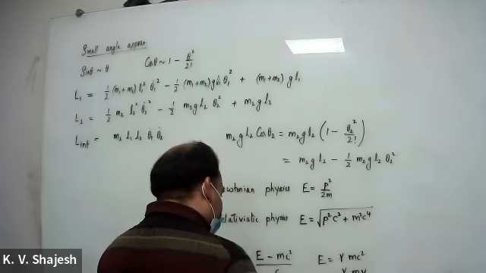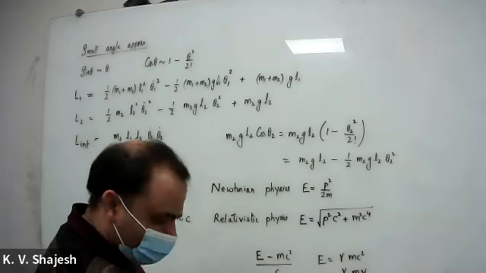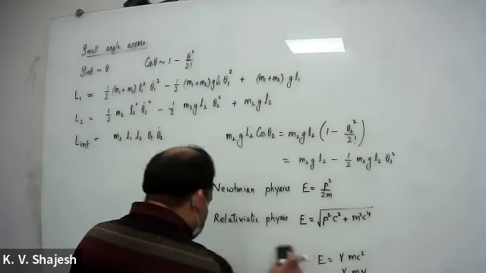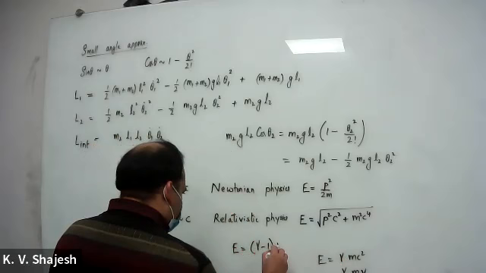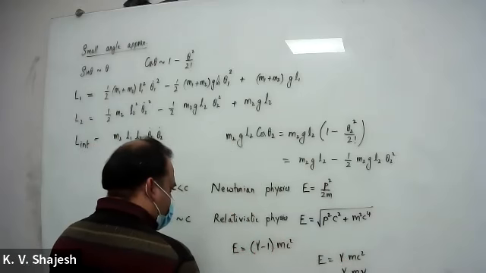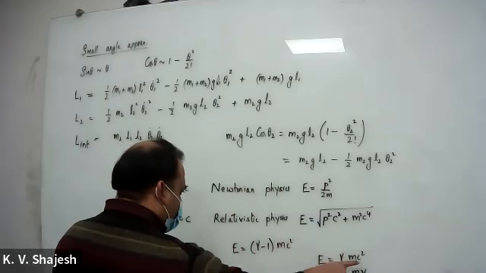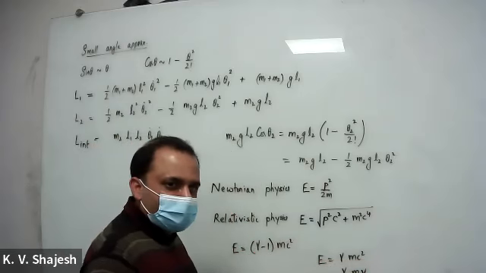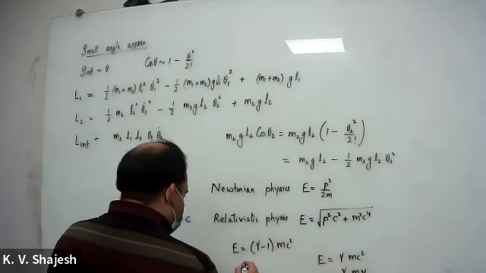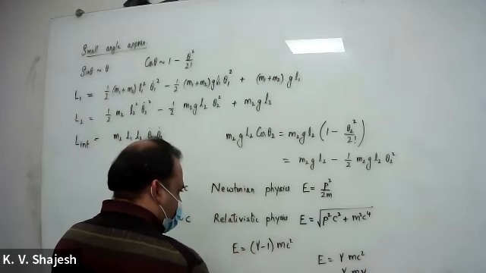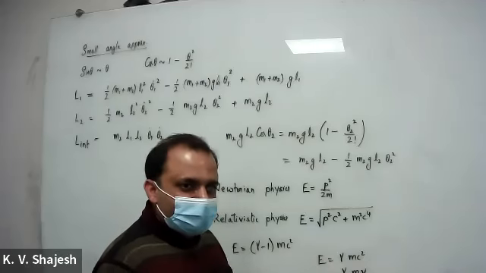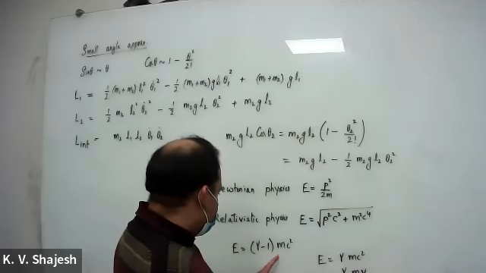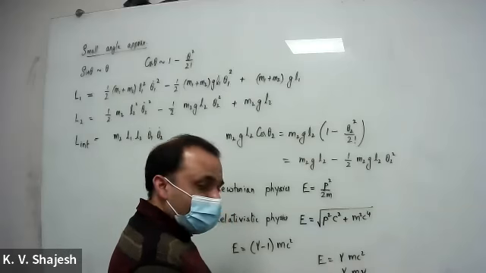So you said E is equal to gamma minus 1 mc square, right? So that's not P. If you subtract out that, you won't get this. Probably not. This probably is the momentum of a photon, maybe.